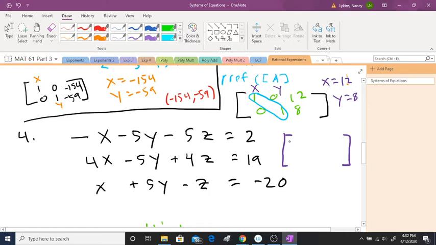When I put in my numbers, look at my X. That's -1, -5, -5, and 2. 4, -5, 4, and 19. And 1, 5, -1, and -20.